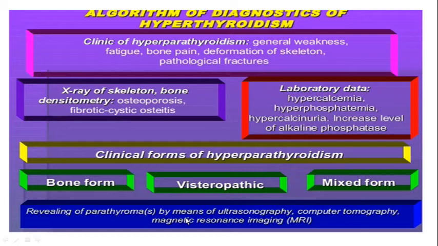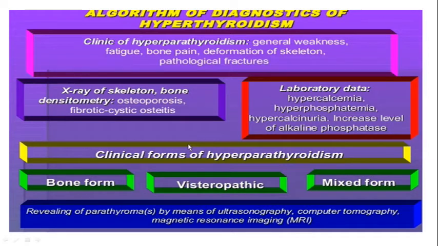So the basic algorithm for the diagnosis of hyperparathyroidism is first the clinical features: the general weakness and the arthritic pains, the bone pain, deformation of the skeleton, and the pathological fractures, and we talk about the X-ray findings. Then there will be laboratory findings in the form of hypercalcemia, hypercalciuria, and increased level of alkaline phosphatase.